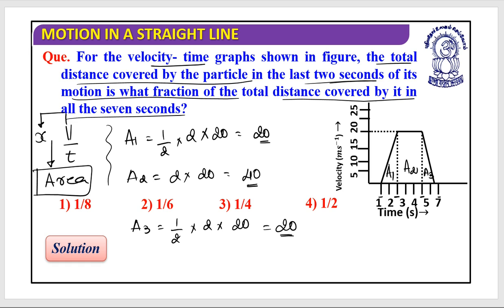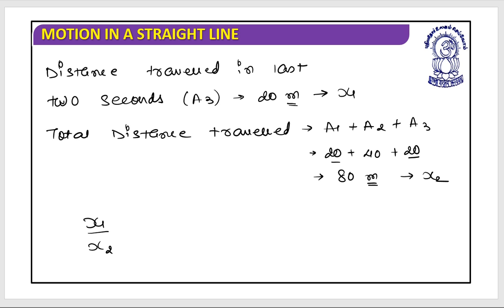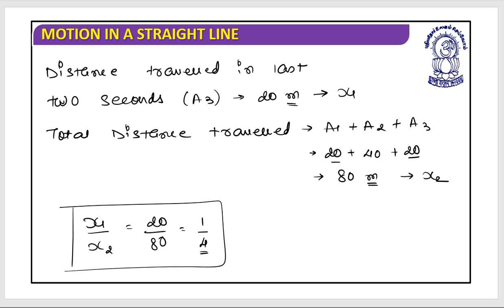Now let's look at the values: 20 plus 40 plus 20. So this is 80 meter. Now you need to take a ratio of this. Let's say this is x1, and this is x2. So x1 is to x2 is 20 is to 80, this is 1/4. That means the distance traveled in the last 2 seconds is 1/4 times x2.